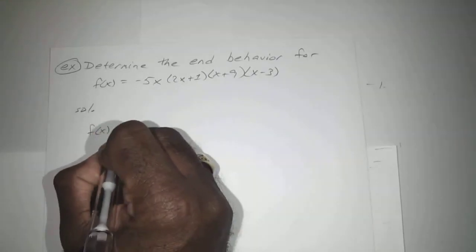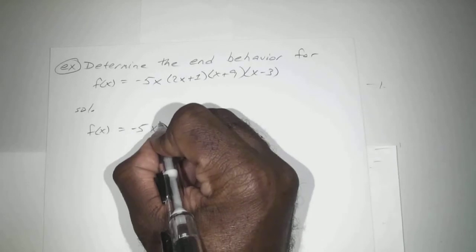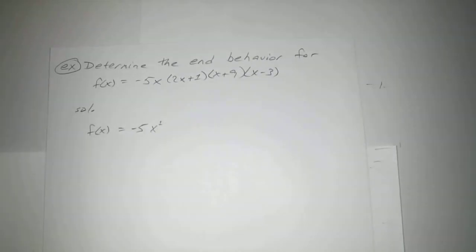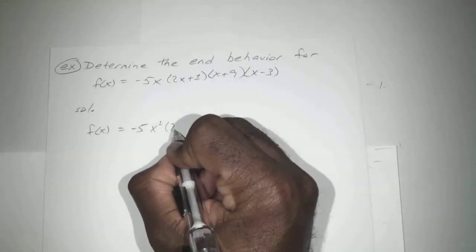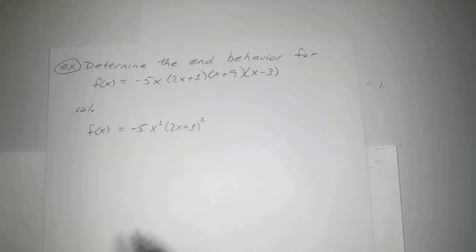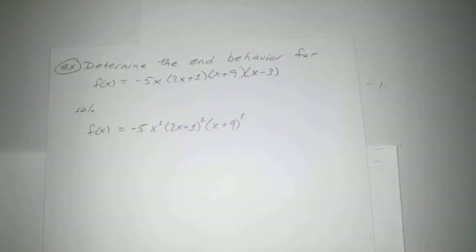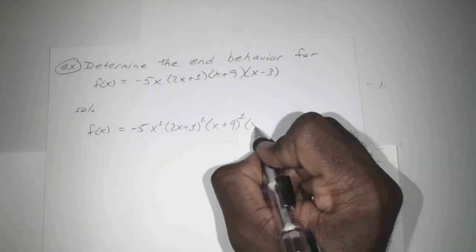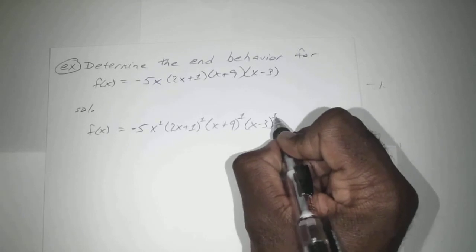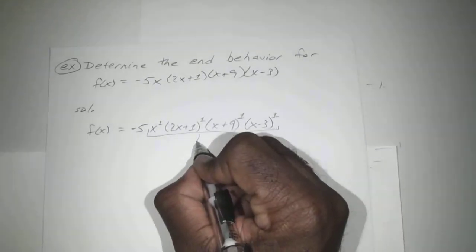Because if you have f of x equals negative 5, that x is x to the first power times 2x plus 1 to the first power times x plus 9 to the first power times x minus 3 to the first power. So all of those will give you a degree of 4.